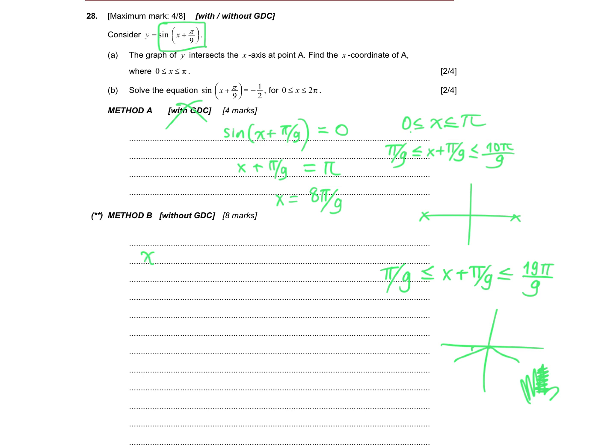So we're going to have x plus pi over 9 equals, so pi plus pi over 6 is 7 pi over 6. And then we're at 11 pi over 6. And these with denominator 9.